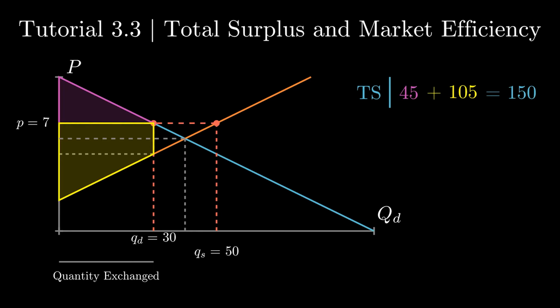For sellers, producer surplus is more than compensated for by the higher prices. But we're losing consumer surplus from both the higher prices and the smaller quantity exchanged. We've also lost some of our total surplus. This loss in total surplus is what we call deadweight loss. From here, you probably can see that our job as a social planner is to minimize deadweight loss.